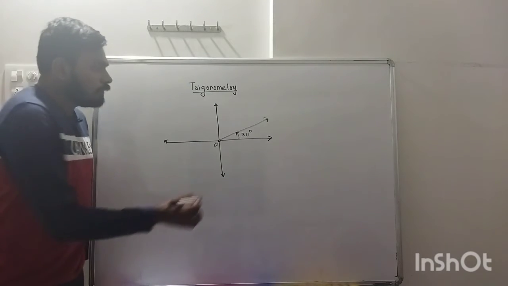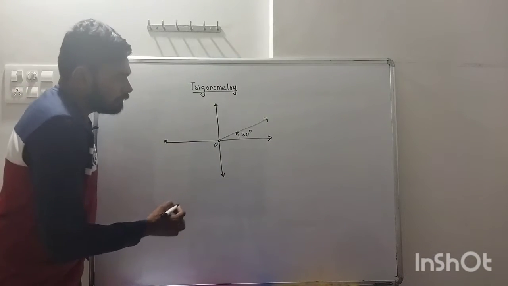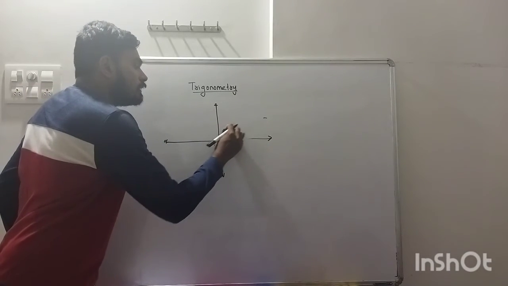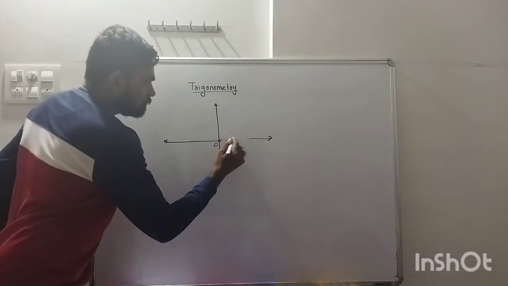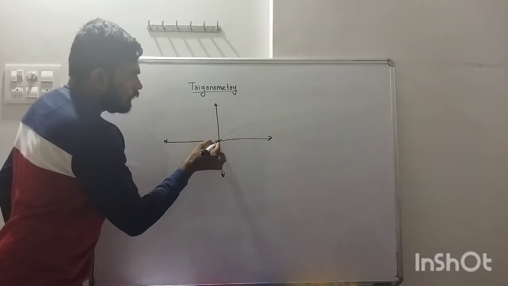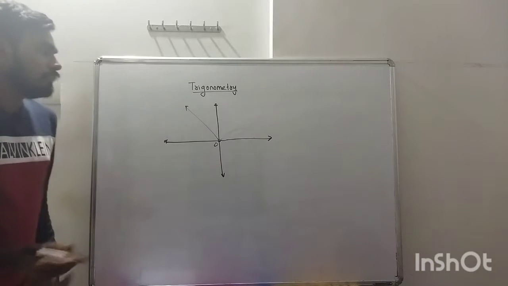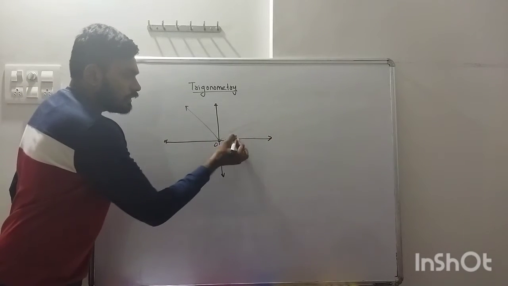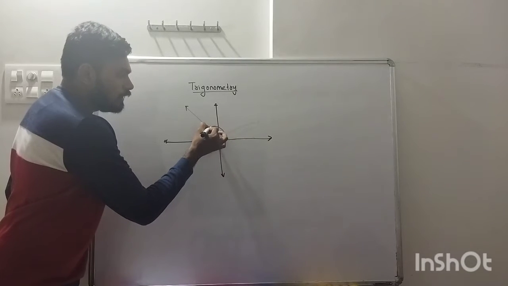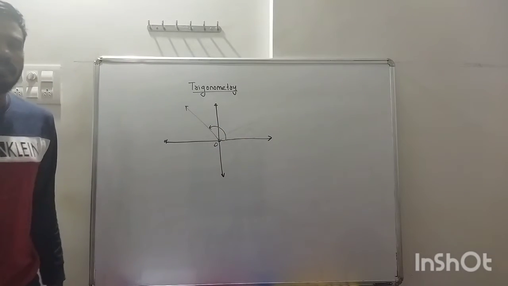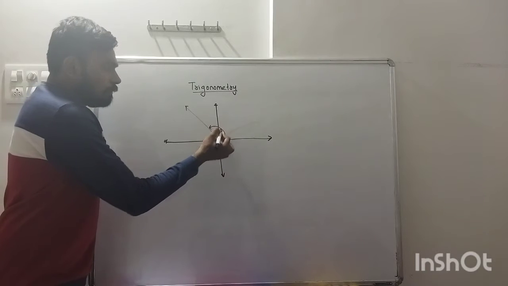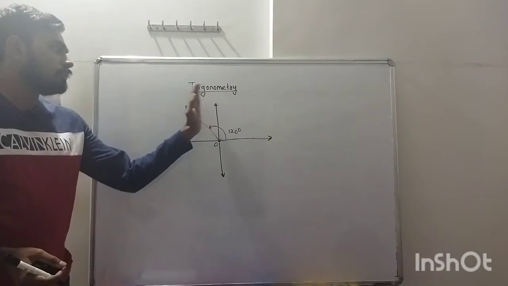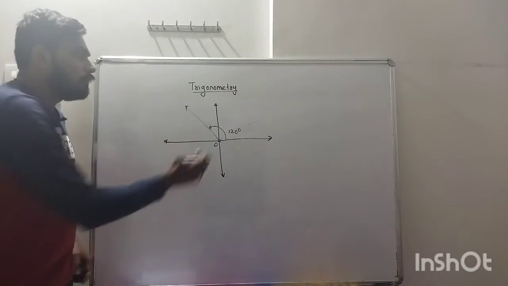Same way, I rotate the second arm while keeping one arm fixed on the positive x-axis. From here to here I have rotated, so we'll imagine this is 120 degrees, since it is more than 90.